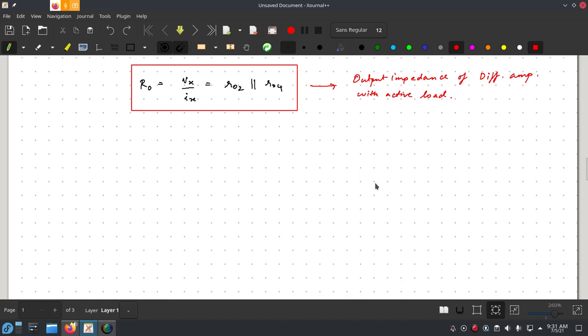Next, now we have R0, we have gm. Using these two, we'll determine the differential gain of a differential amplifier.